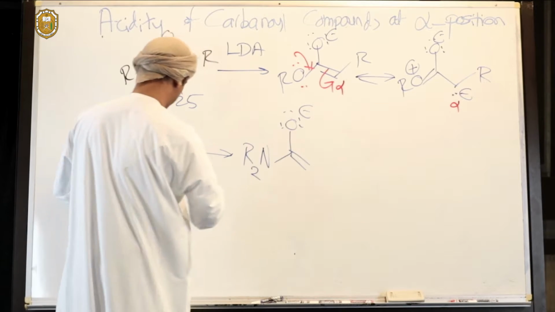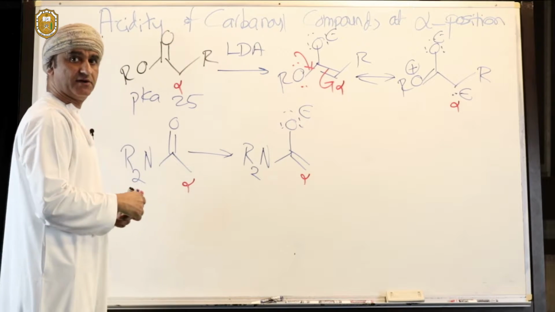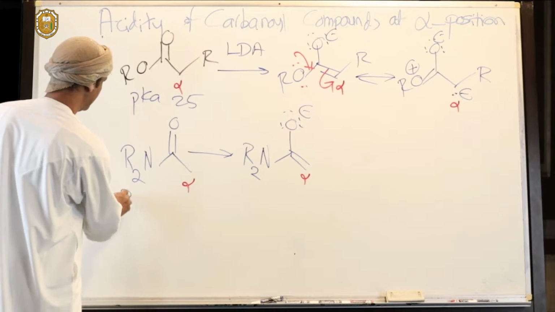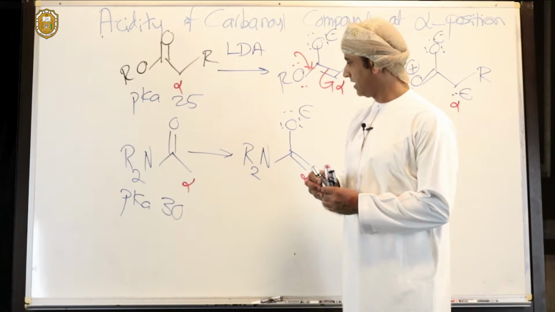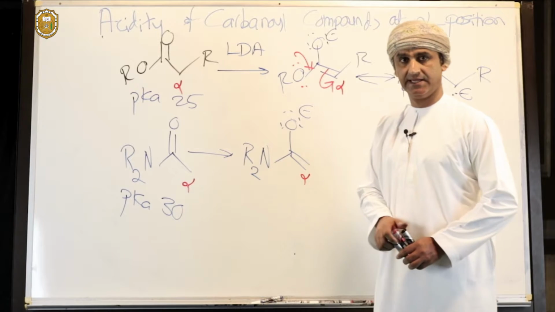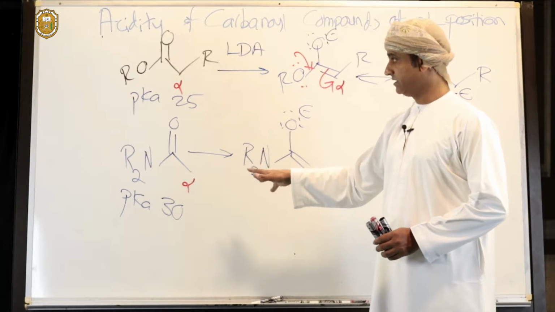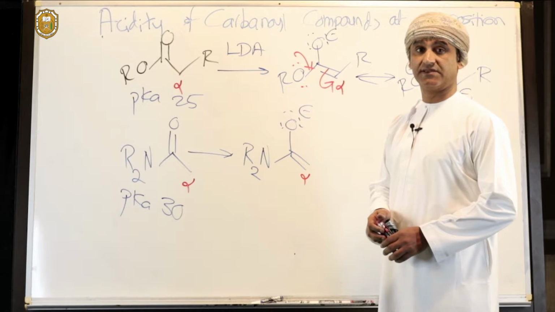So that's the enolate. Again, that's the alpha position. And if you recall also, the pKa of amides is 30 in general at the alpha position. So the acidity of that position is reflected in that pKa value. The pKa is 30. So this suggests, of course, that amides are actually less acidic than esters at that alpha position.